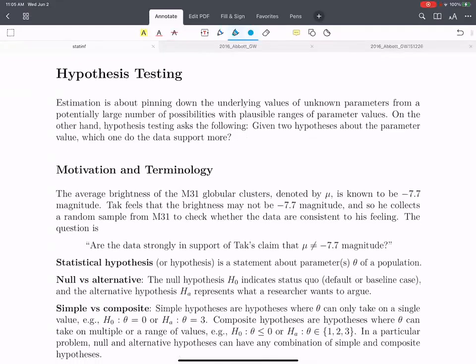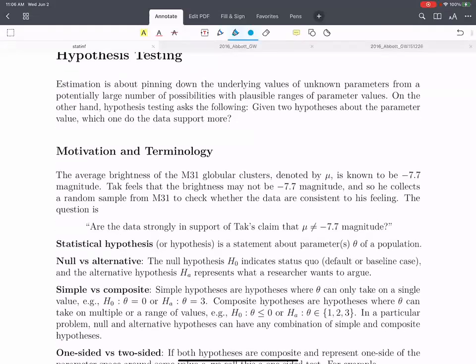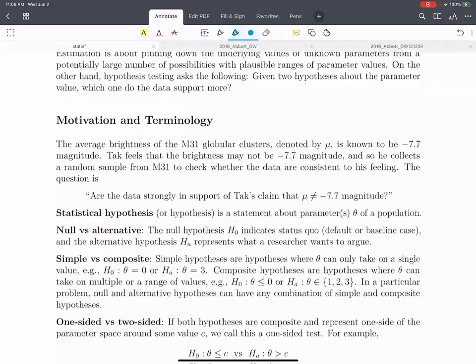That's the question. It's not subjective here. It's an objective way to choose one of the two statements about the parameter based only on the data, because we need to help the data speak more about the parameter. Likelihood comes again. Likelihood plays the key role in hypothesis testing as well.